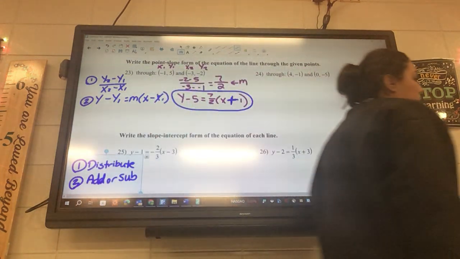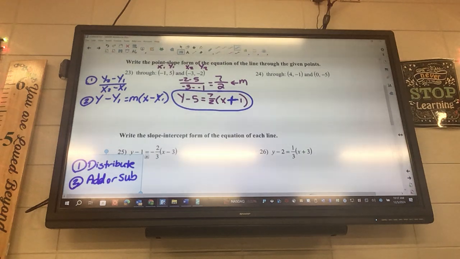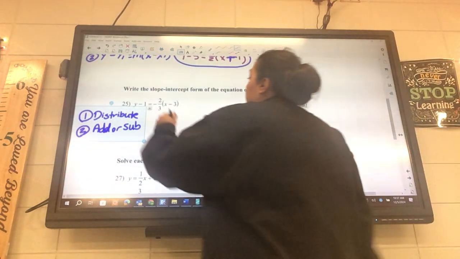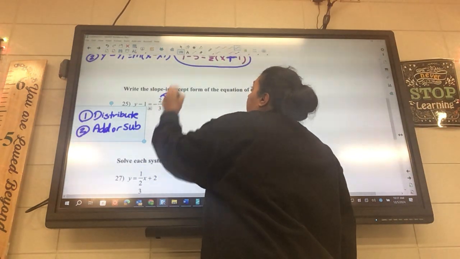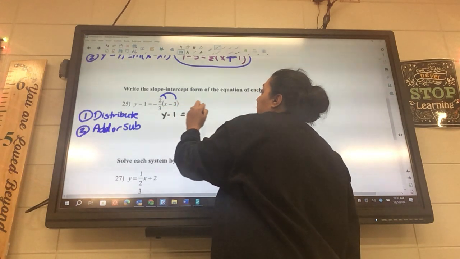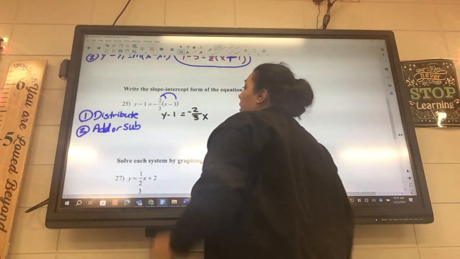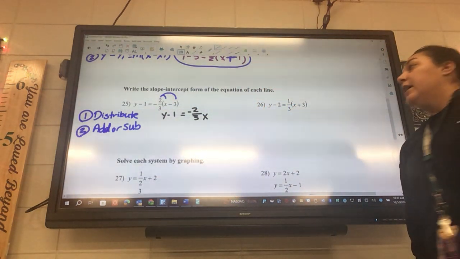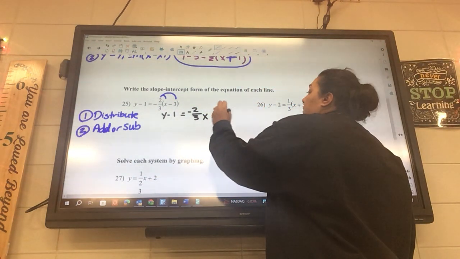Okay, for 25, you have two steps, okay? You need to distribute first, which means multiply, and then add or subtract. It depends on what number we need to add or subtract. So our first step is gonna be to distribute. So we're gonna get y minus 1 equals negative 2/3 x, negative 2/3 times negative 3, which is gonna be a positive 2.